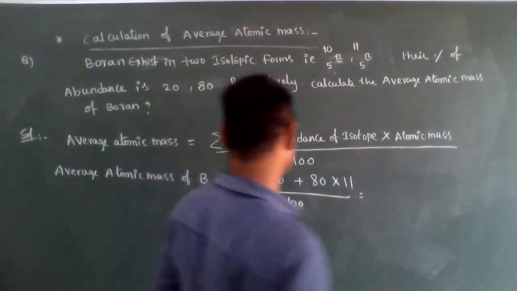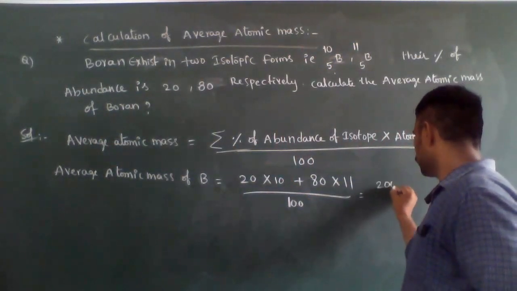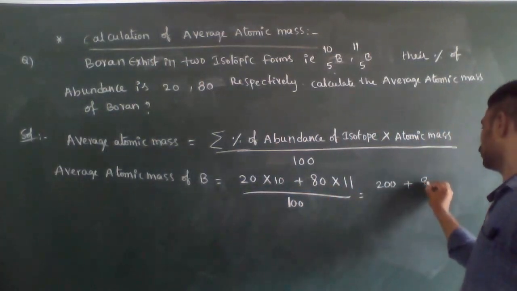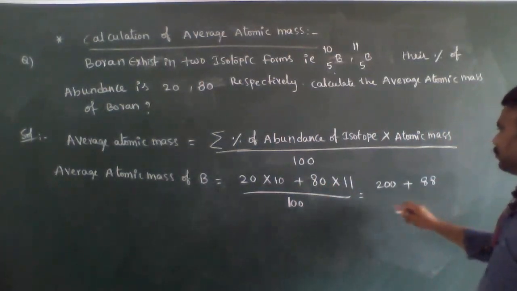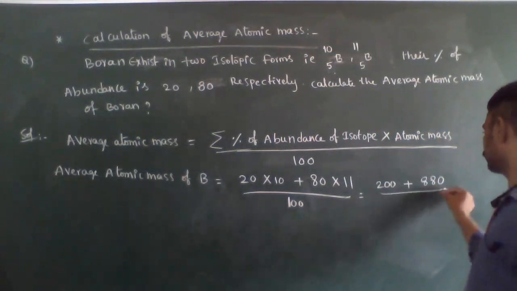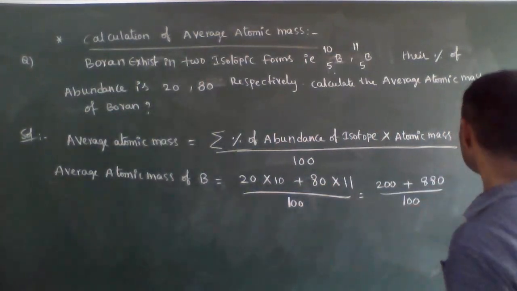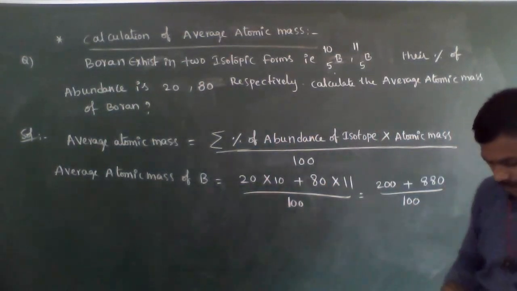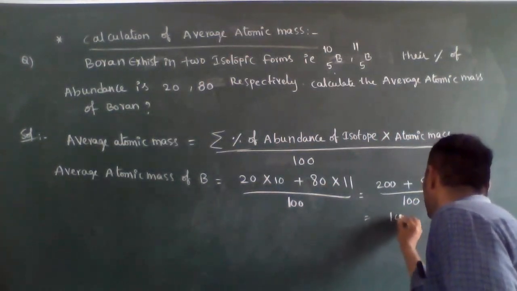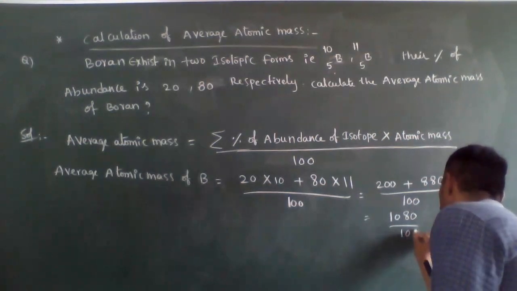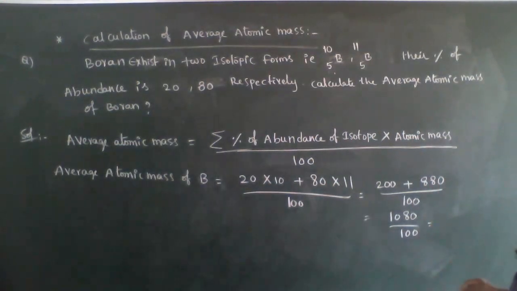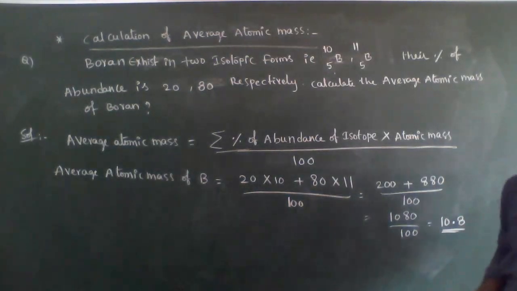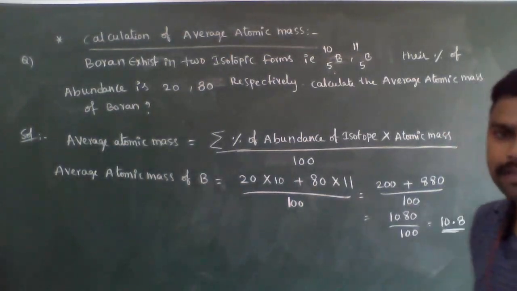Now simplify that: 200 plus 880 by 100. If you add both, we get 1080 by 100, which is equal to 10.8 grams, or 10.8 AMU, atomic mass units.